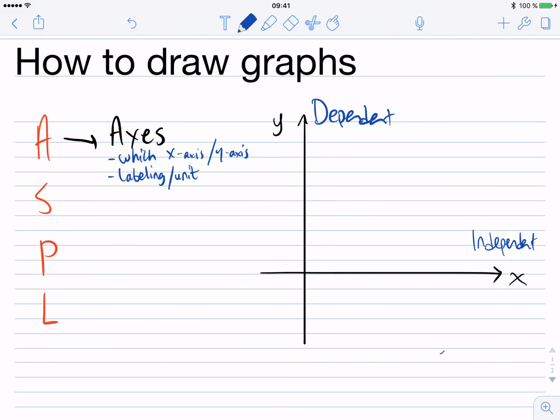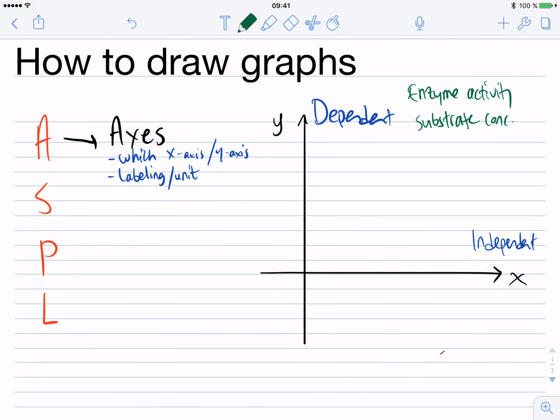But how can you determine which one is dependent and which one is independent? Well, let's assume an enzyme activity versus substrate concentration graph. Now you can ask the question, does the enzyme activity depend on the substrate concentration, or does the substrate concentration depend on the enzyme activity?